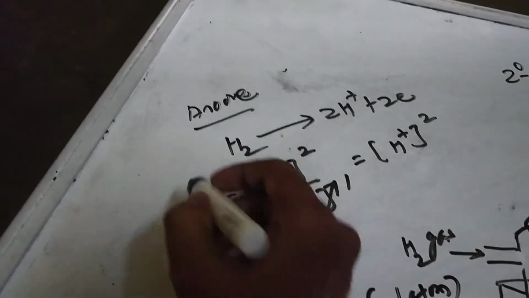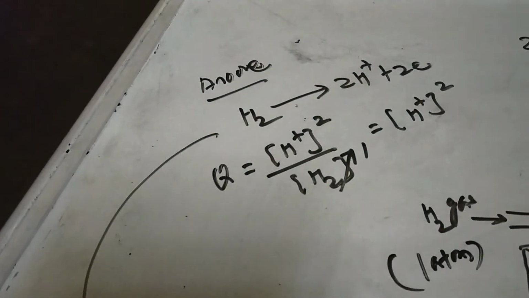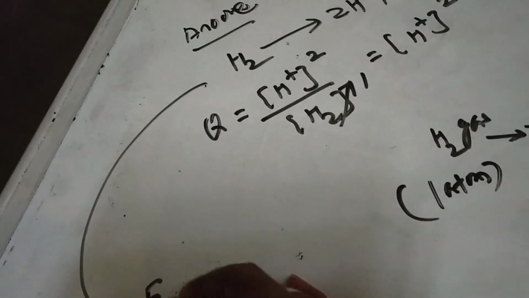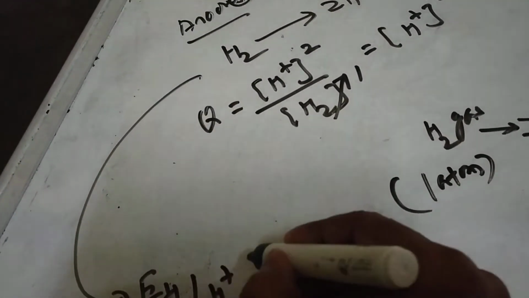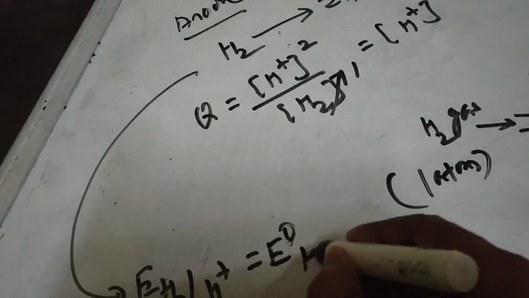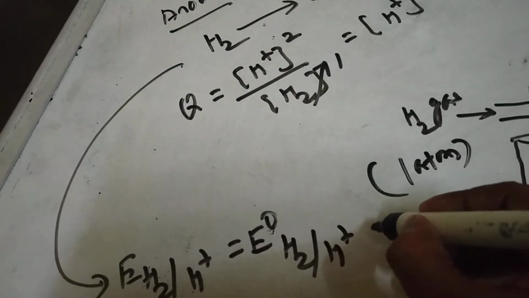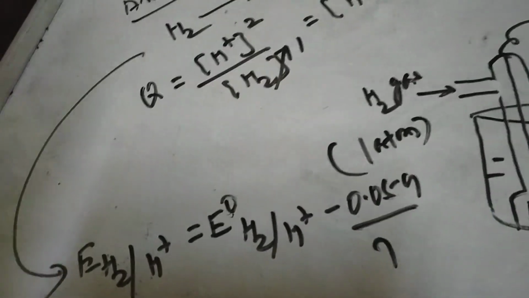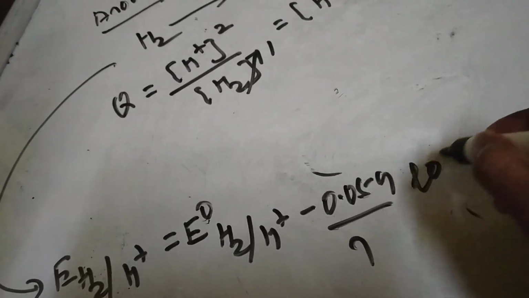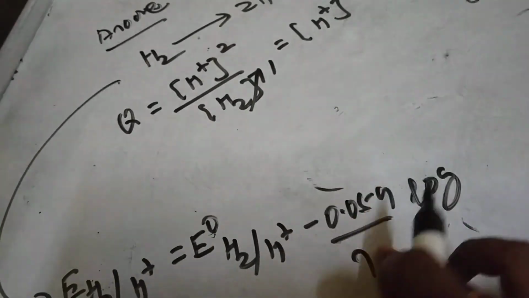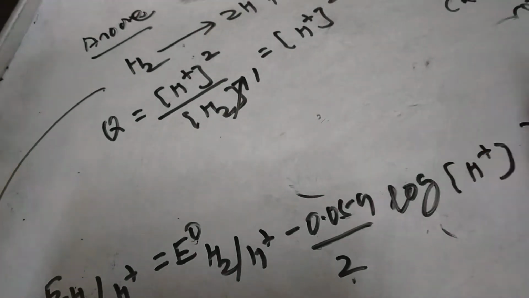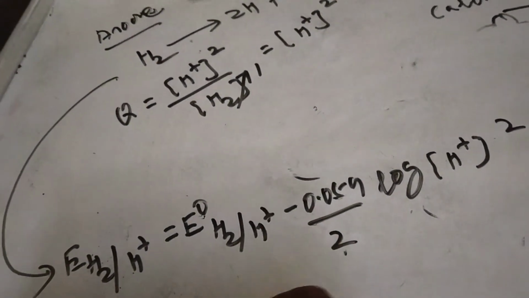So if I want to use the Nernst equation here, then I can write E of H2 to H+ is equal to E naught of H2 to H+ minus 0.059 by n into log, n value is 2, into log concentration of H+ to the power 2. Now E naught is equal to 0.